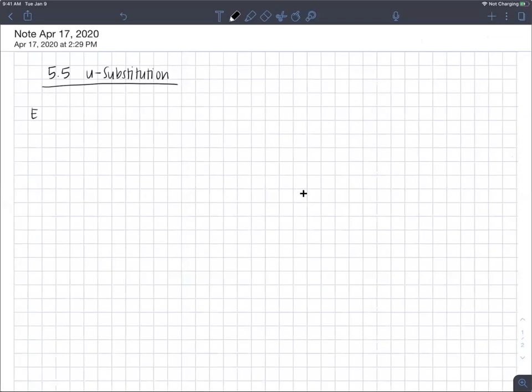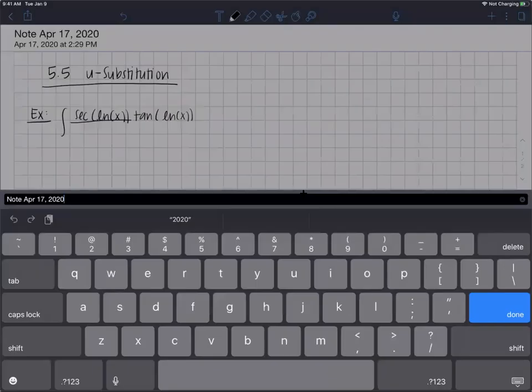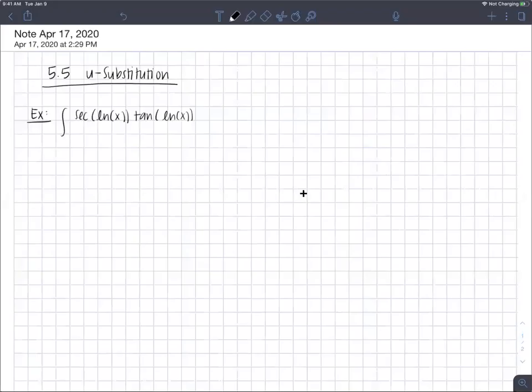Example: let's find the integral of secant of ln of x times tangent of ln of x, over x, and we're going to integrate that with respect to x.